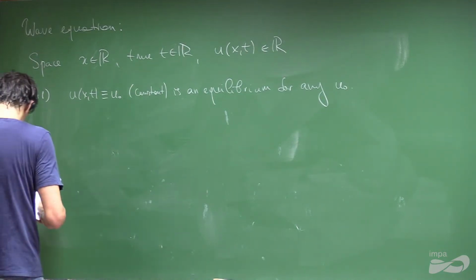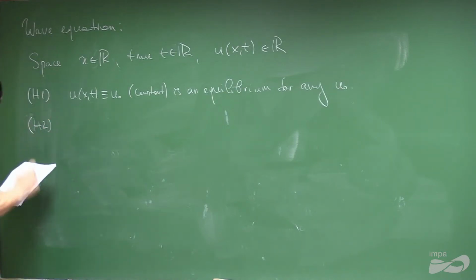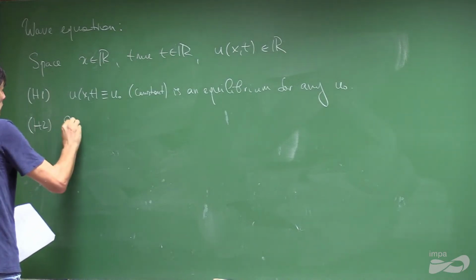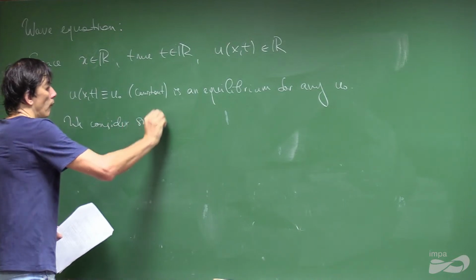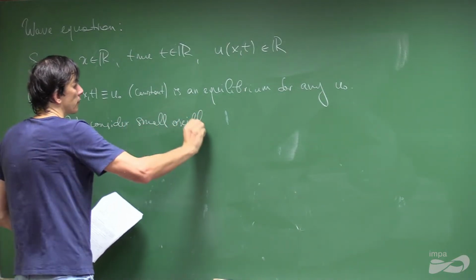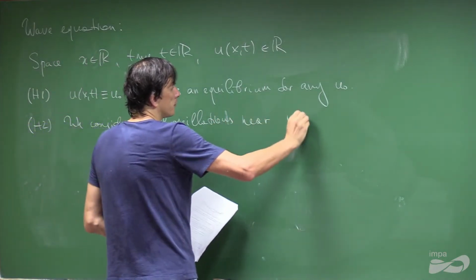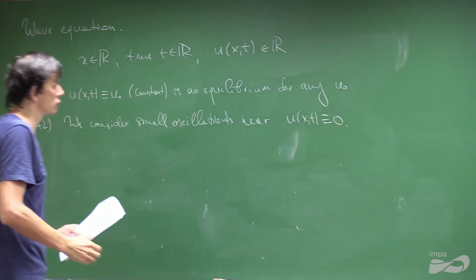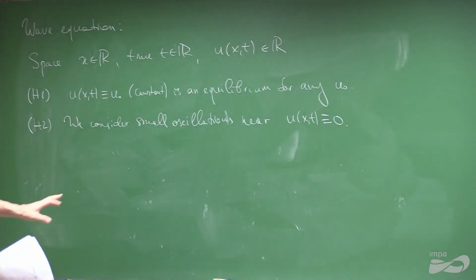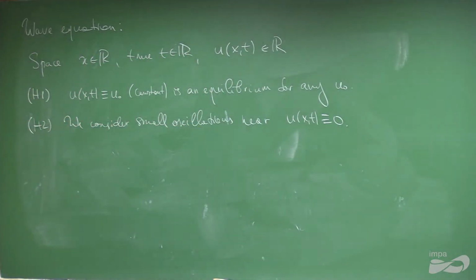Good. So the second hypothesis is that we will consider small oscillations near the equilibrium u equals 0. So we will assume that we took a system at the equilibrium where everything is 0 and just consider small oscillations. Not something very violent, something very mild.